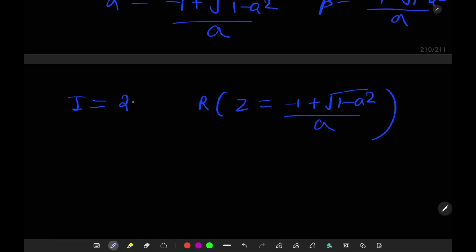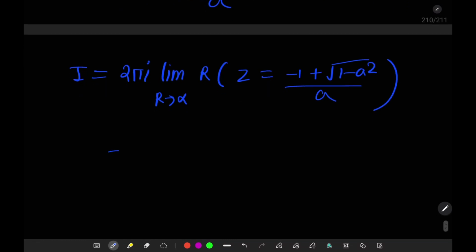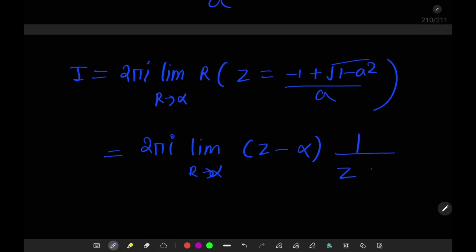Sorry for this. This is 2 pi i times the limit as z tends to alpha. Here we can write (z minus alpha) divided by (z minus beta) into (z minus alpha).